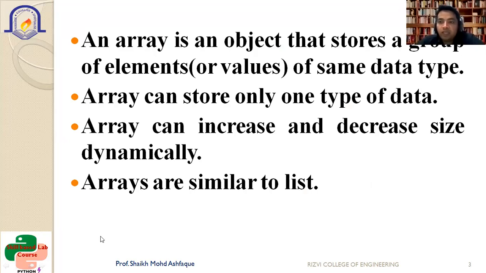If you understood the list, then it will be easier for you to understand the arrays. We are going to discuss one by one how to use that array and what different import packages are required.